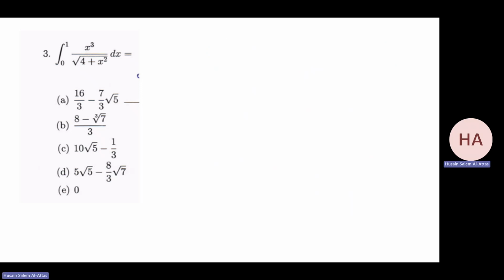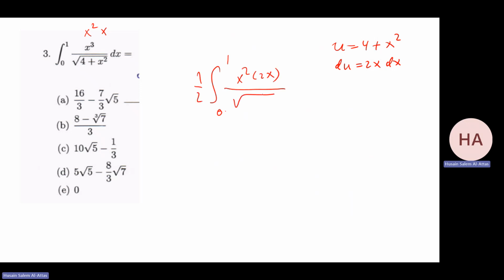I can use regular substitution. If I have u equal 4 plus x squared, du will be 2x dx. So write the numerator as x cubed, x squared times x. Or I can write it, this is 0 to 1, x squared times 2x, so I need half outside, over square root of 4 plus x squared dx.